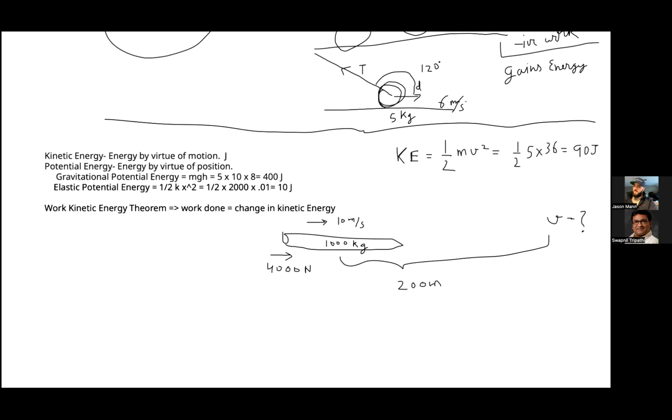So we will apply this principle. Work done is equal to change in kinetic energy. So let's first calculate the work done. That is easy. Work done is force times distance. So 4,000 times 200.